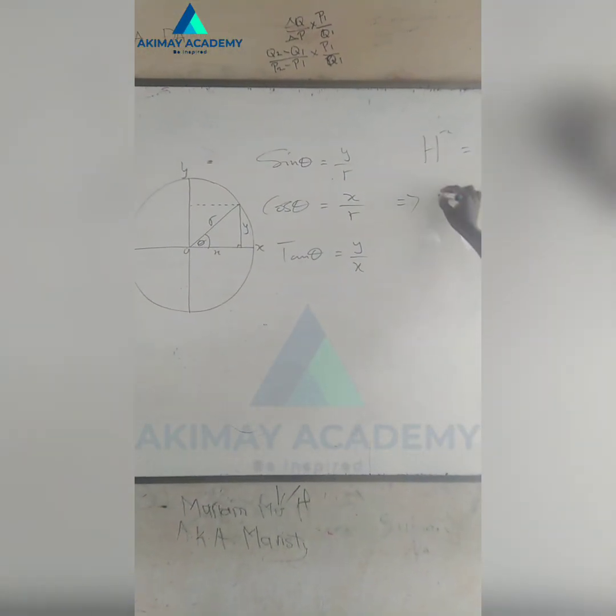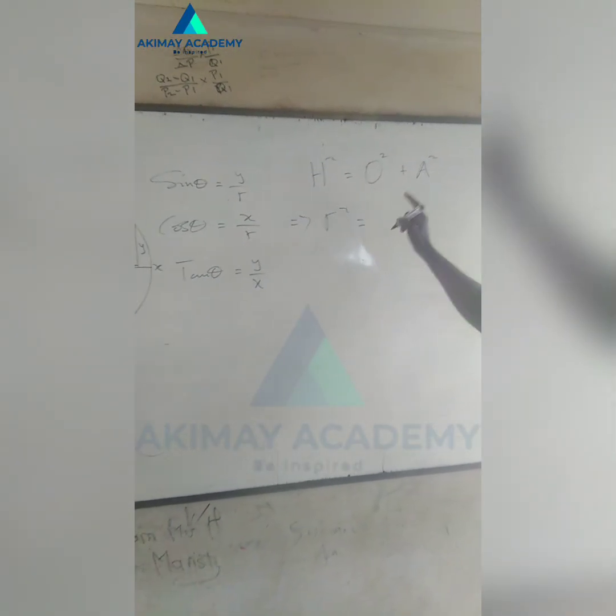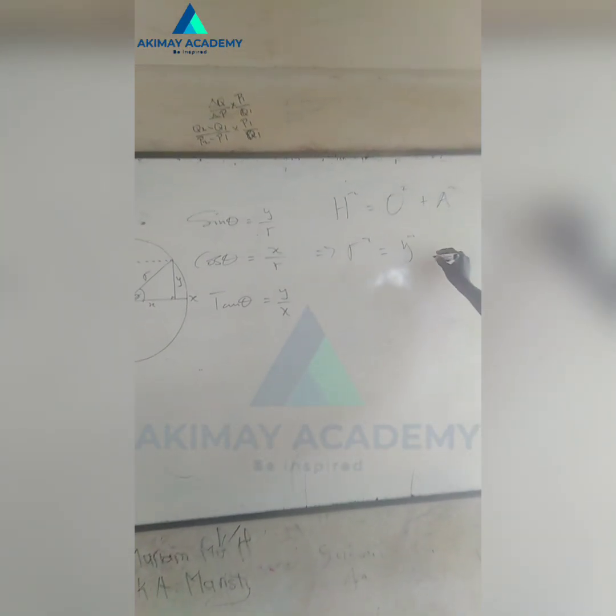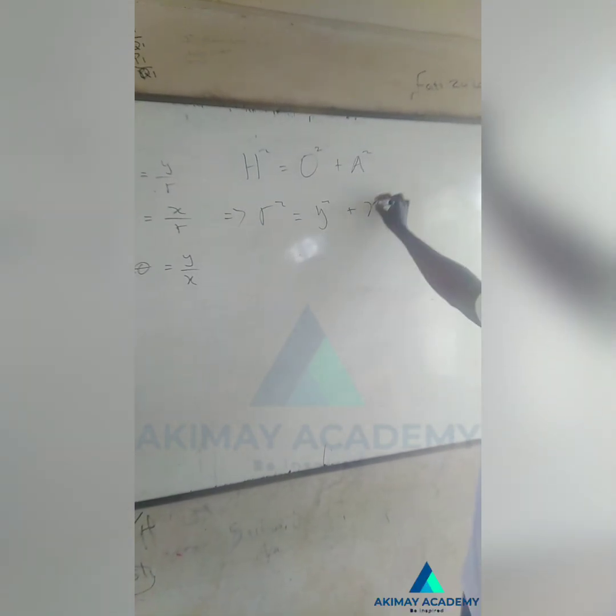This is going to give us r squared equals the opposite, which is y, so y squared, plus the adjacent, which is x, so x squared.